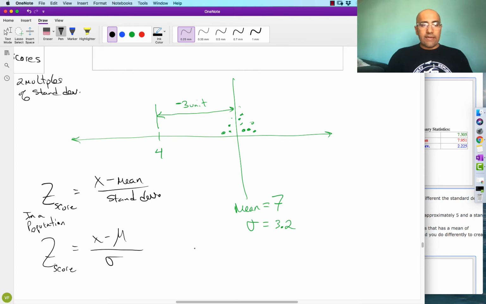So in this case, that means that my z-score for the value 4 is equal to 4 minus 7. That'll give me that -3 divided by 3.2. And so that'll be 3 divided by 3.2. And 3 divided by 3.2 is 0.9375.